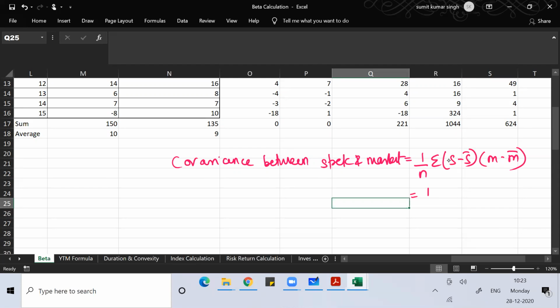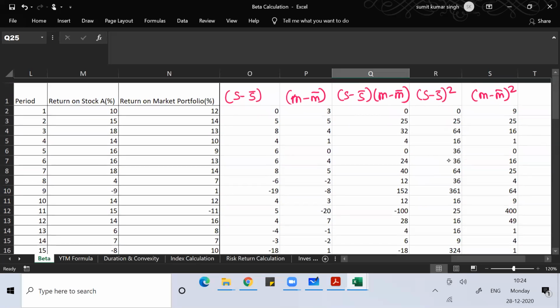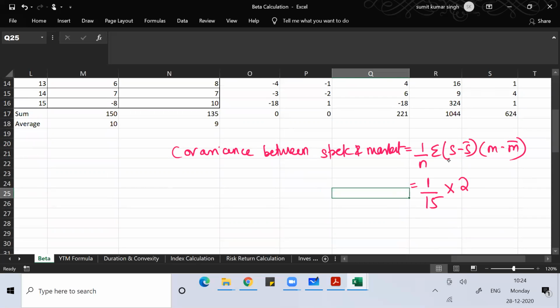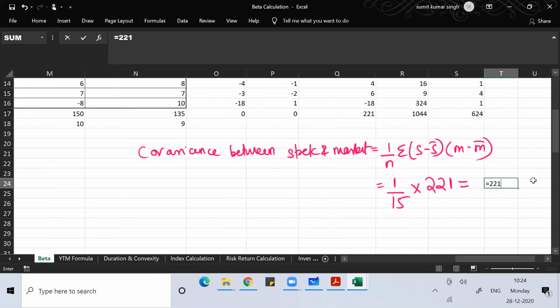The summation you got is 221. So the covariance between stock and market is 221 divided by 15, that is 14.733333.